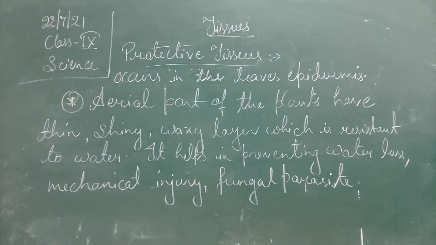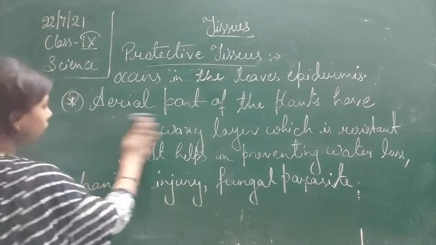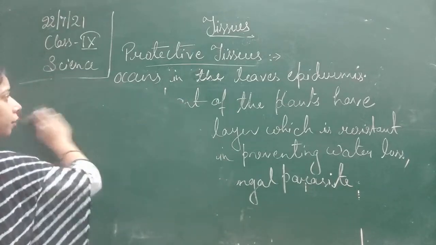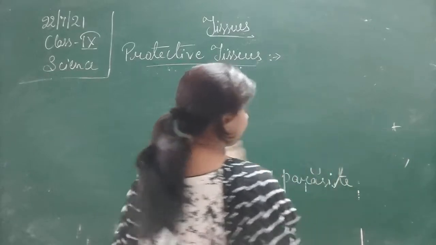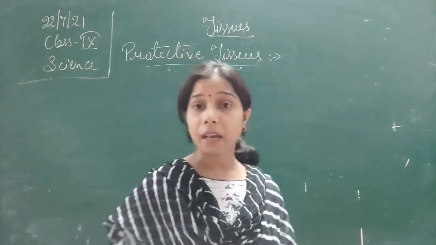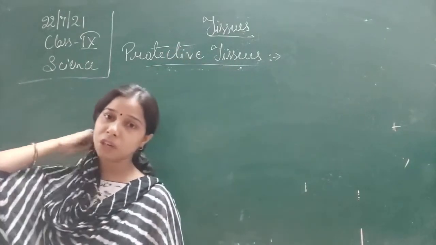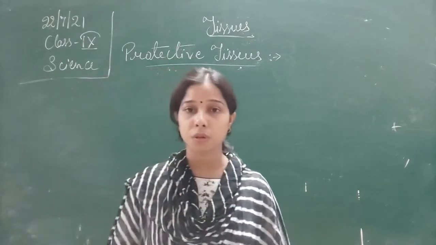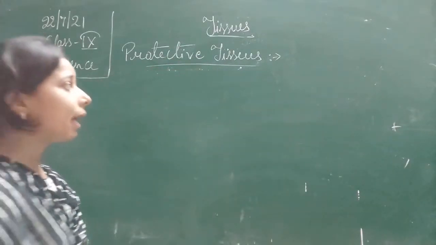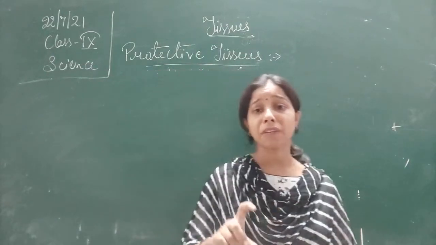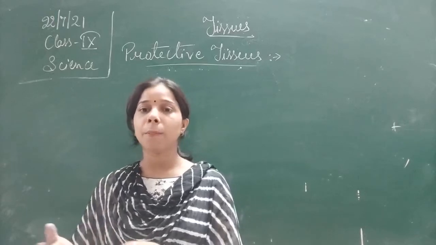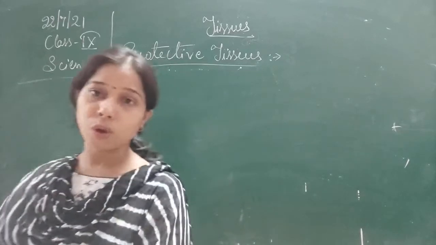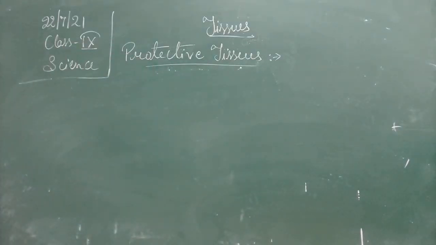Then the next one is the epidermal layer of dry plants. The xerophytic plants, which live in dry climates, have shrunken stomata, and the surface is also covered with a waxy substance. So the plants living in a dry climate have a thick waxy coating in order to protect the plant from the loss of water, and that is called cutin.